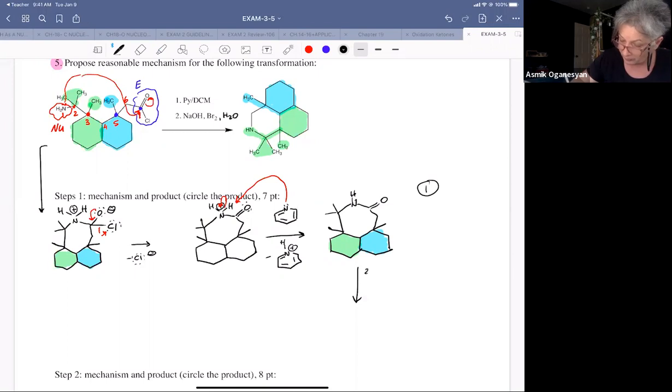Step 2. First, we're going to add sodium hydroxide to deprotonate our nitrogen. It's Hofmann's rearrangement reaction.